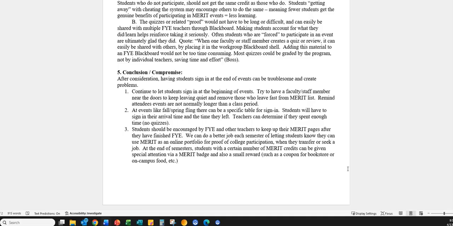So I think we should encourage people to use merit and to attend things and get them on their merit record. So maybe if you have so many merit things, you can be entered into a drawing or get a merit badge or something like that. So we're really treating it as more of a reward than just a punishment. You can be encouraged to use the merit for your entire time at OCTC, not just FYE.